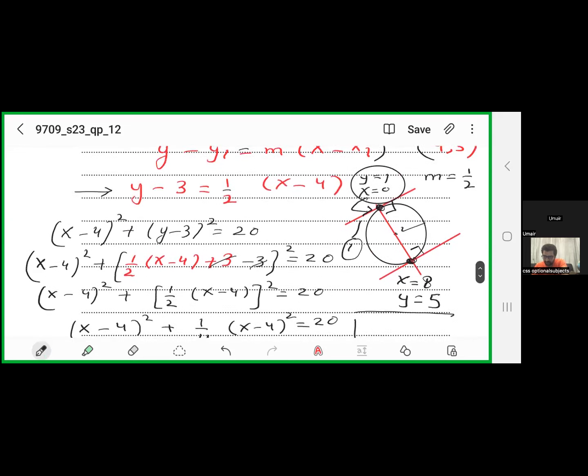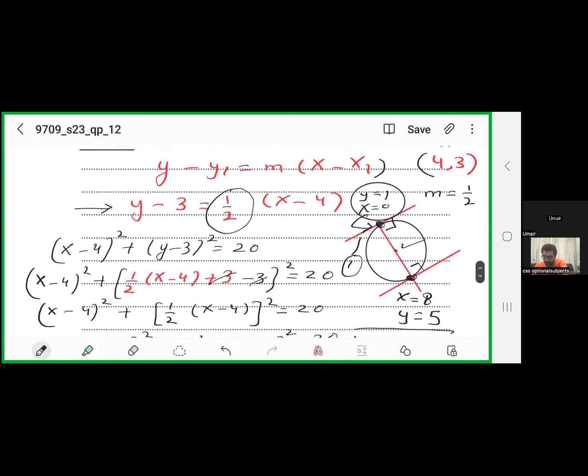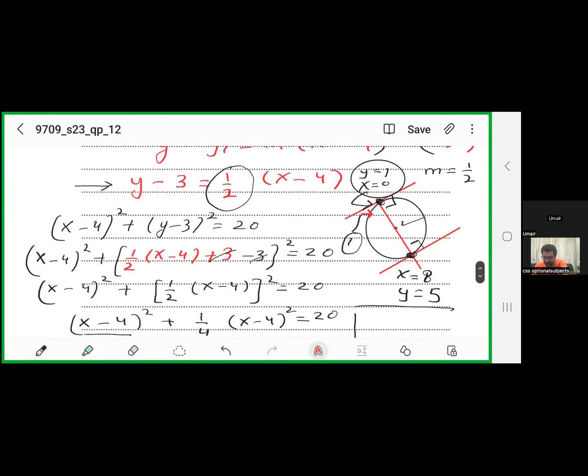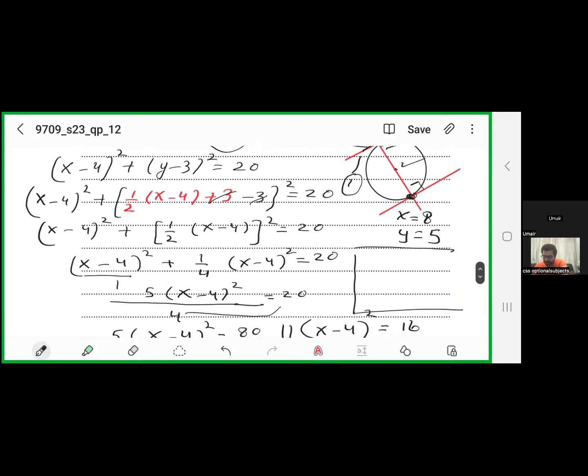The slope of the diameter is 1/2. The diameter was perpendicular to this tangent. The slope of this tangent is then −2, because if it is 1/2, then this is −2, as both are at 90 degrees, perpendicular to each other. So the slope of tangent number 1 is −2.